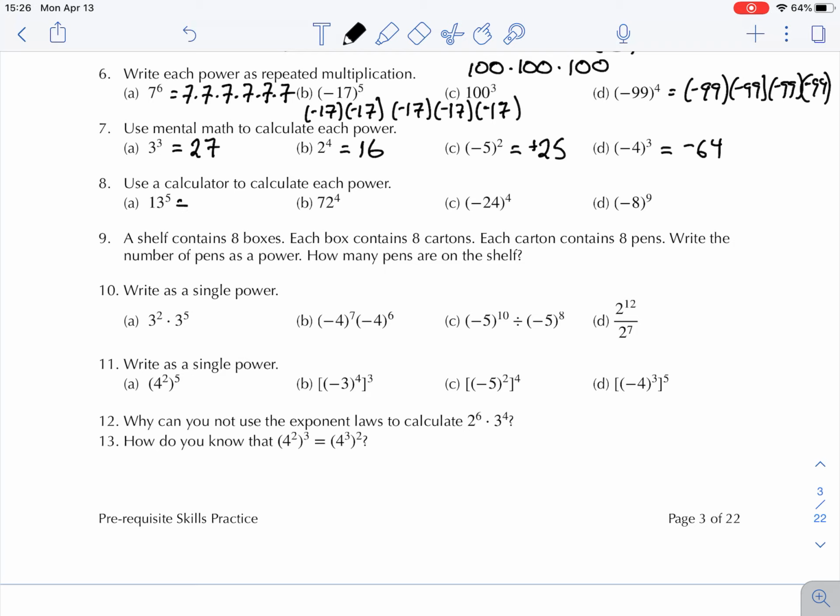Now these are going to be big numbers, and this is just practicing your calculator work. 13 to the power of 5 is equal to 371,293. 72 to the 4th is 26,873,856.